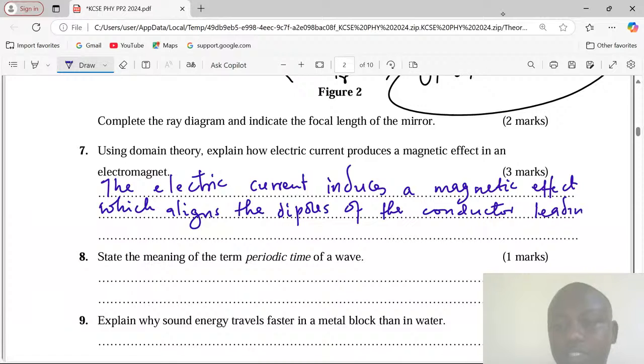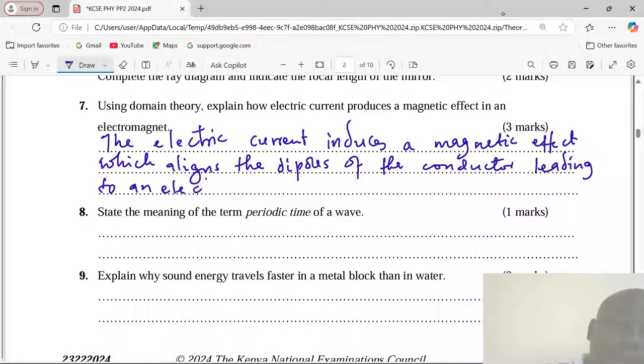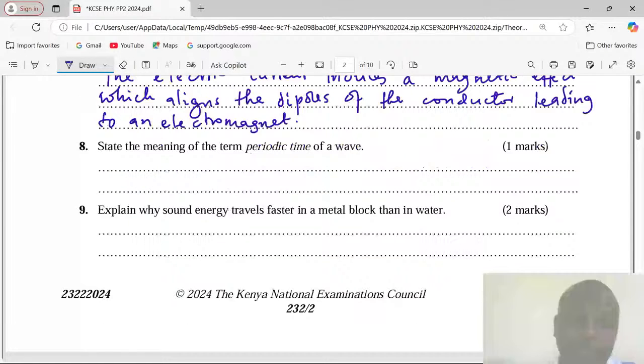Because now the conductor will be no magnet, leading to an electromagnet.